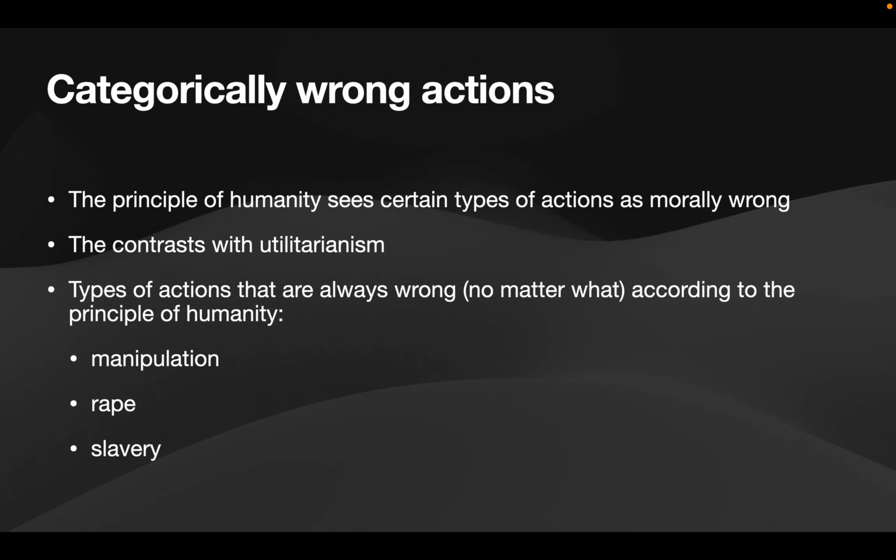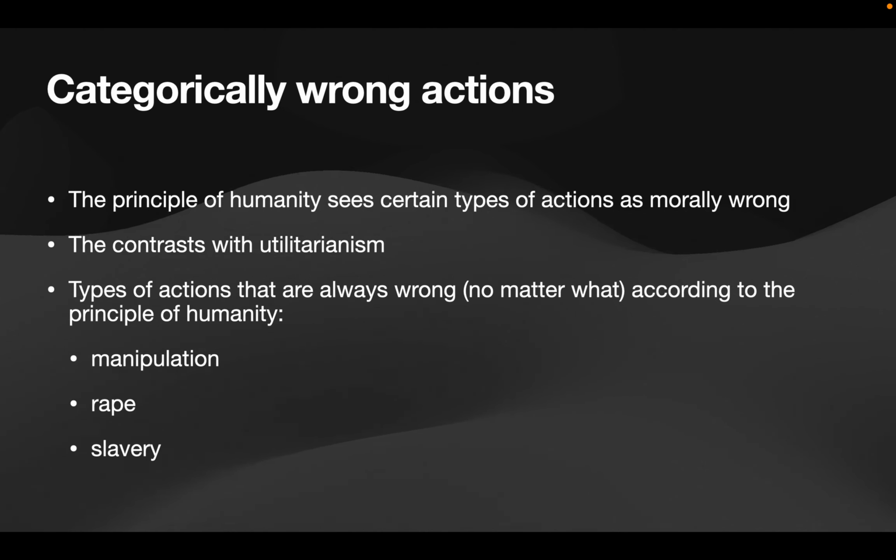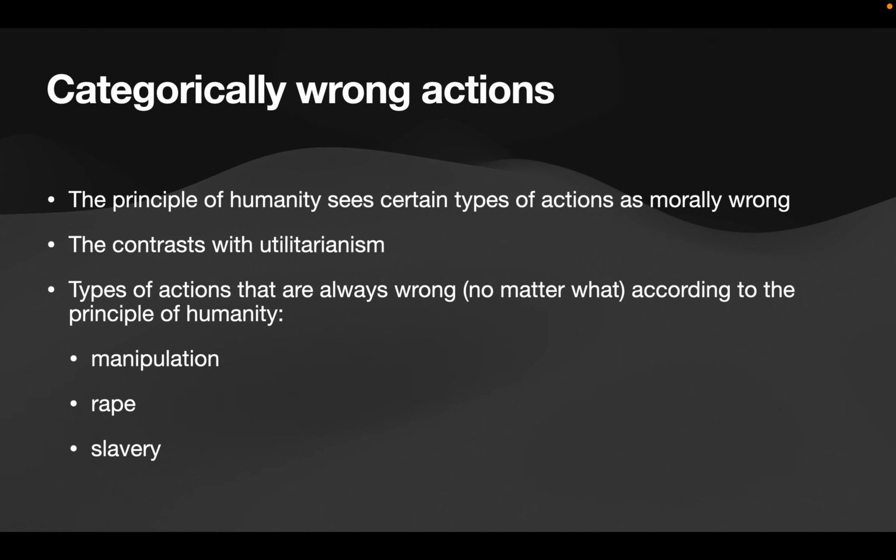It doesn't matter what the consequences of those actions are for the Kantian, because they all involve treating a rational human being who has their own goals and purposes as something to be manipulated for our own purposes. And that is the core of what's behind the principle of humanity, that idea of manipulating someone for our own purposes.